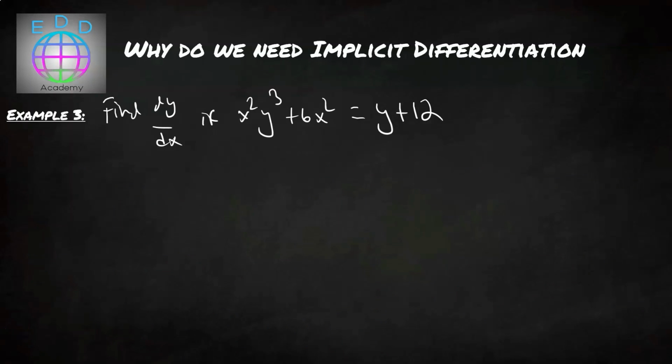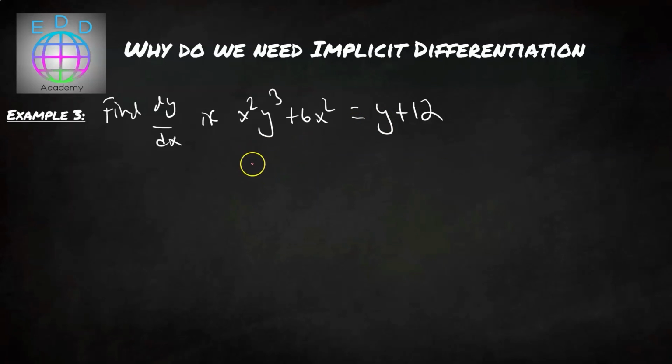Moving on to our second example, we notice that it's slightly more complex than the first in that it has both x and y terms on both sides of the equal sign, but nonetheless, our differentiation rules remain the same, and we can go about differentiating implicitly in the exact same way. And the first step of doing so is taking the derivative of both sides.